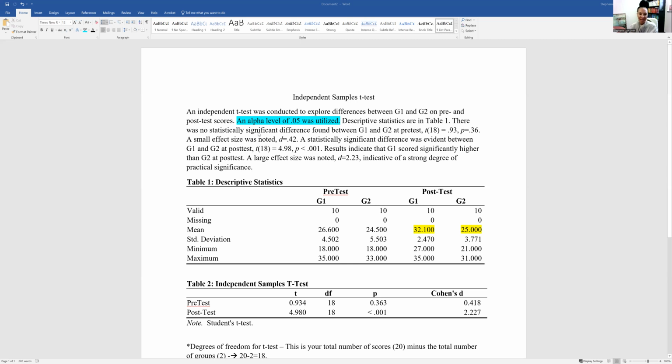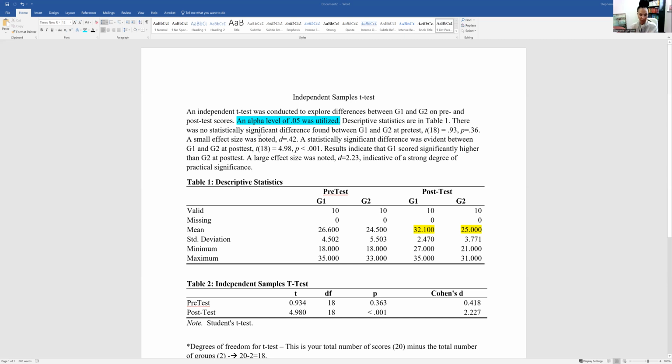This next sentence I have highlighted because it's not necessarily something you will include. In social sciences research, we typically use an alpha level or p-value of 0.05. This is kind of default for us. So in that instance, you really and truly don't need to remind your readers that this is what you're doing.